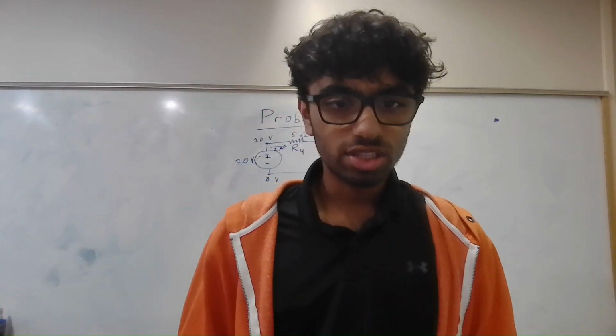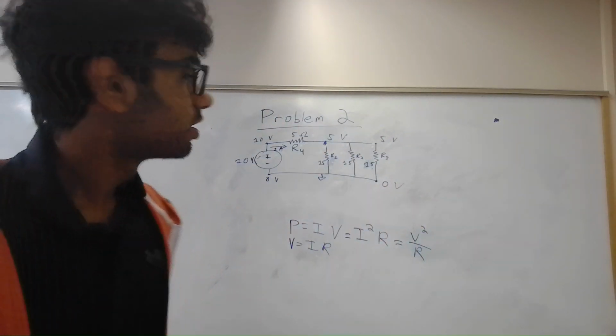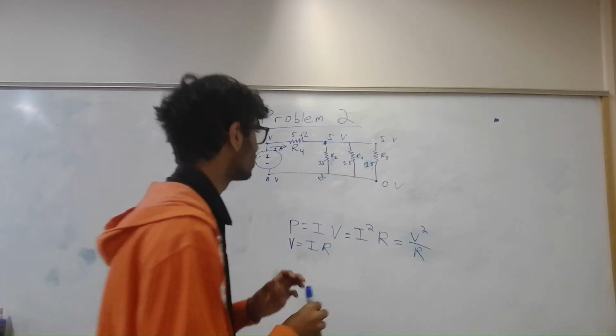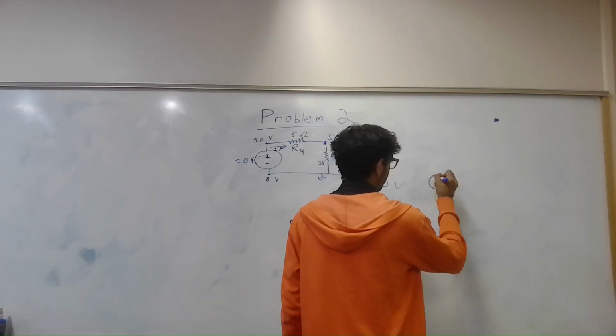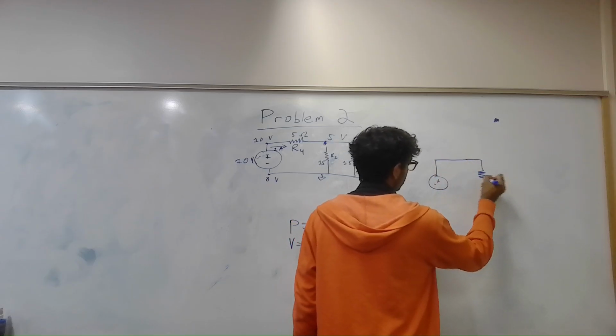So how much current flows through each of the resistors R1, R2, and R3? Okay, so previously we drew a single wire, right? We had a battery right here, we had a wire, and we had a resistor.